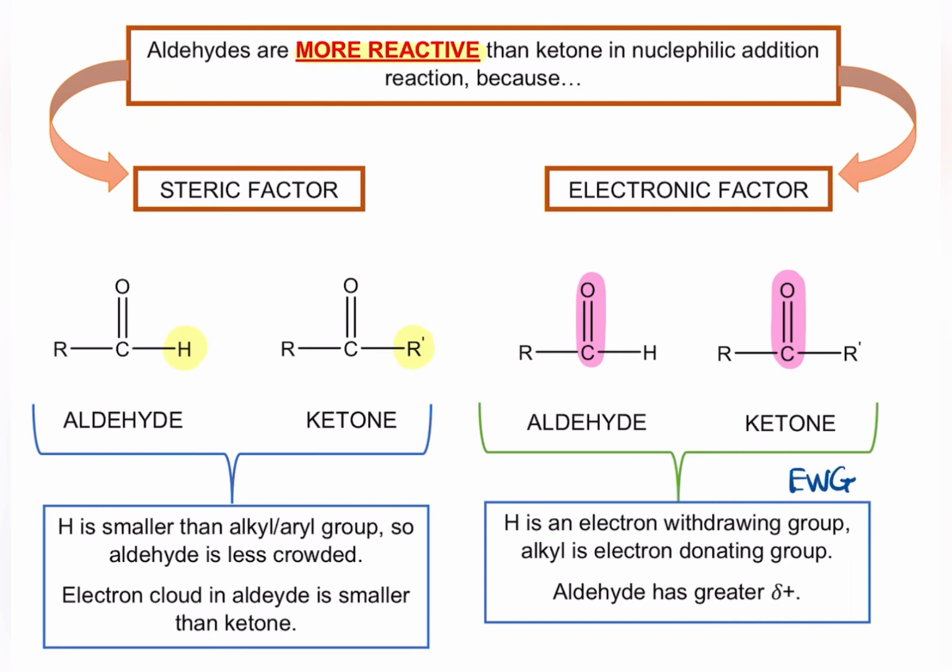Another term is electron donating group, the short form is EDG. For your information, hydrogen is an electron withdrawing group, while an alkyl group is an electron donating group. So what does this mean? Ketone has two alkyl groups at the carbonyl carbon.